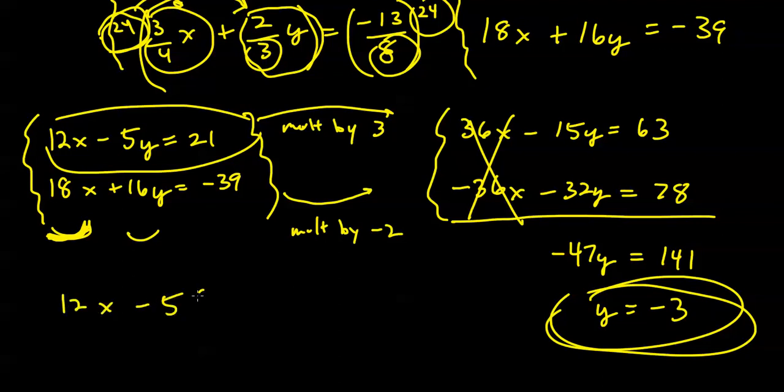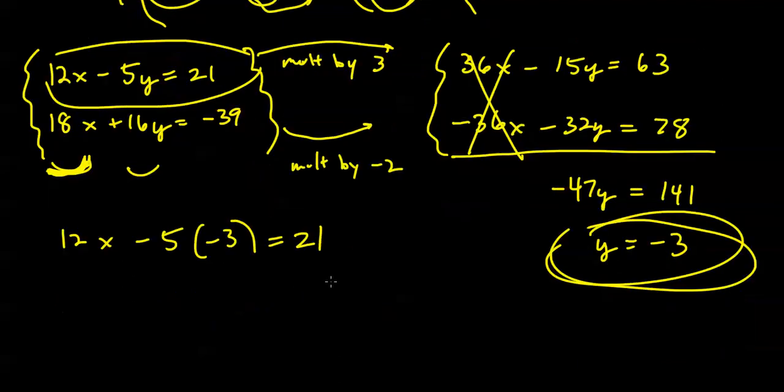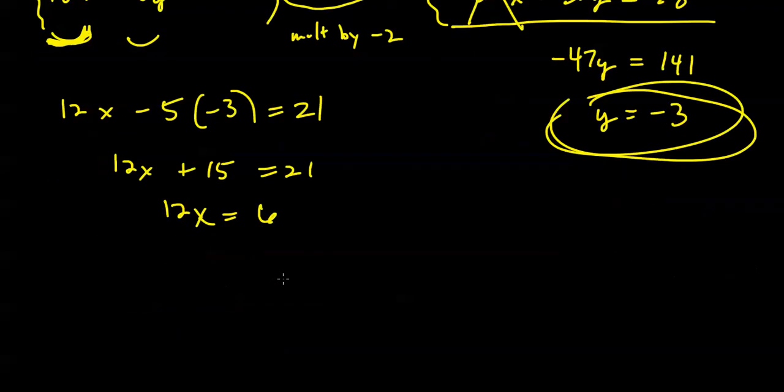12x minus 5 times minus 3 equals 21. So 12x plus 15 equals 21. 12x then equals 6, subtracting 15 from both sides, and I get x equals 6/12 or 1/2. 6 over 12 reduces to 1 over 2.